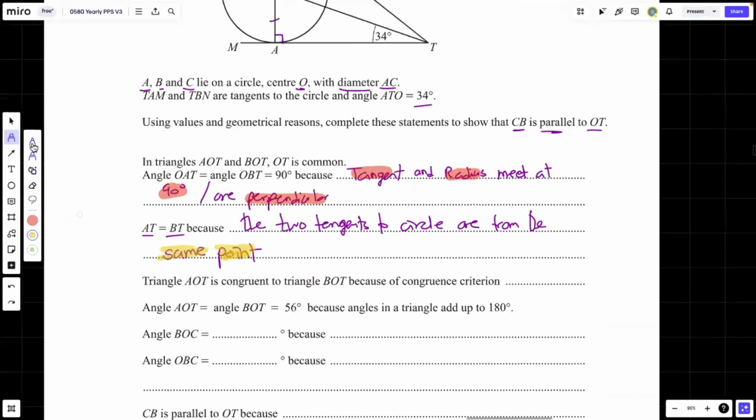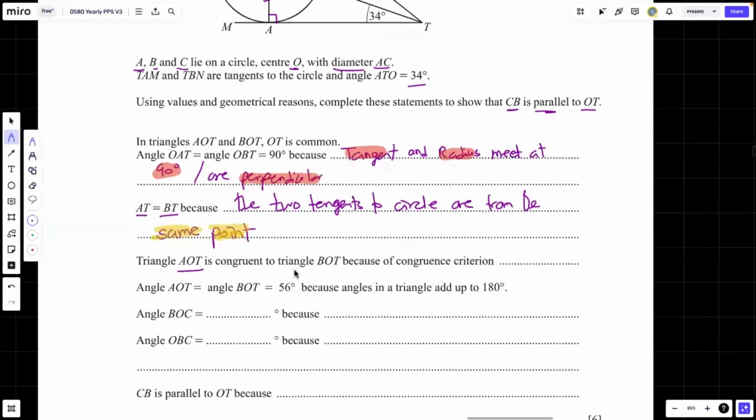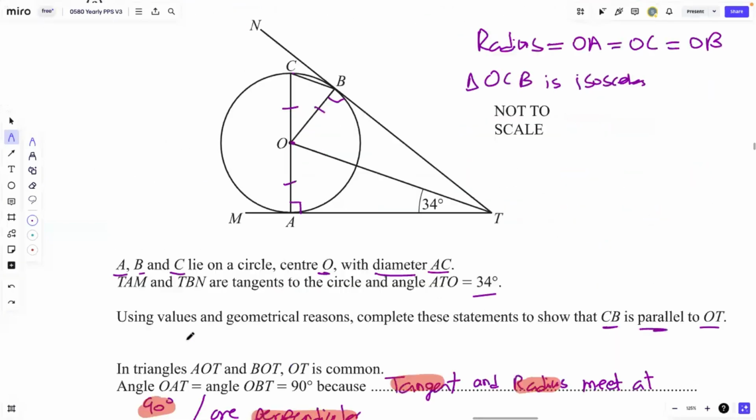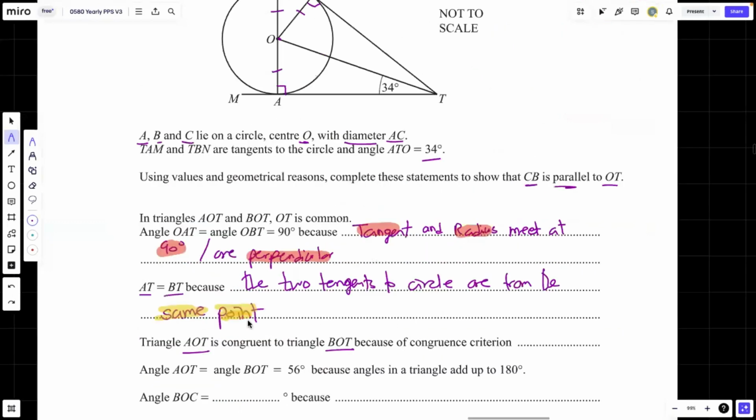Okay, let's read further. Triangle AOT is congruent to triangle BOT. Now what does congruency imply? That they are exactly the same. Because of a congruency criteria, what should be the criteria as to why the two triangles are equal? This requires some basic knowledge of the congruency criteria.